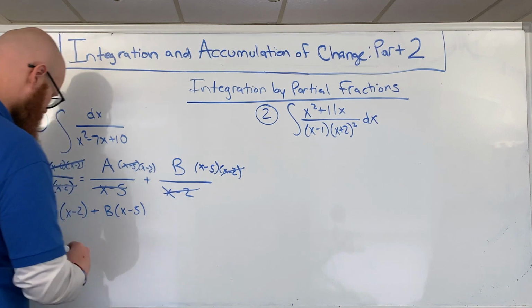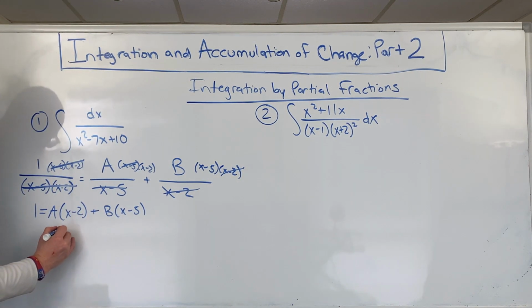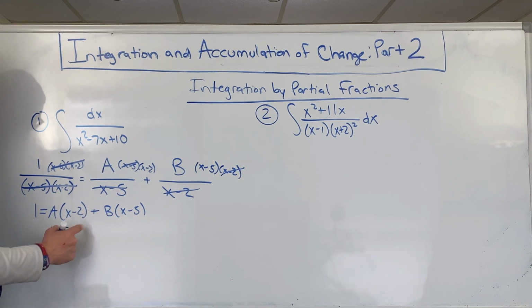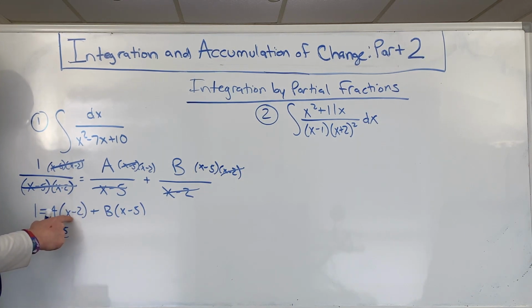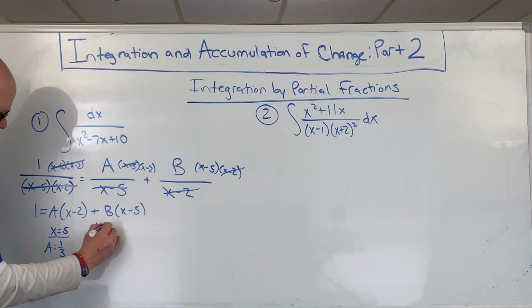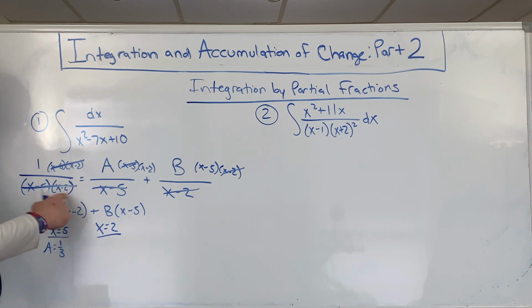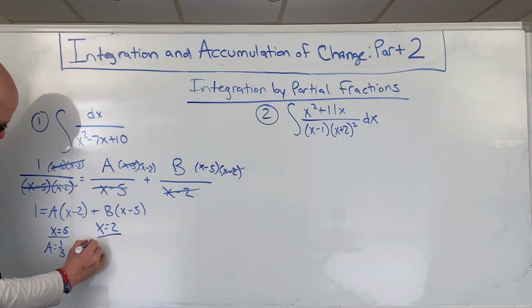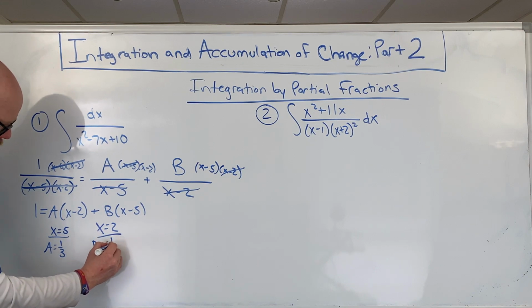One thing you could do here, I could just let x equal 5, so that makes all this go away. And if I plug that in here, I get 5 minus 2 is 3, so a is 1/3. And then I could make x equal to 2, so that all this disappears. And then I get negative 3b equals 1, so b equals negative 1/3.